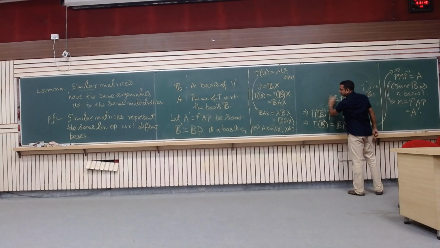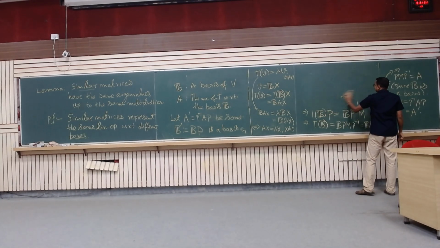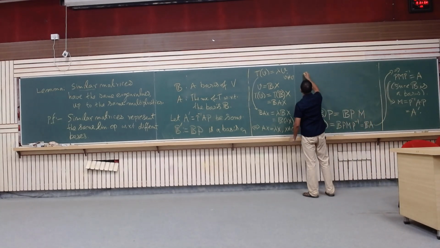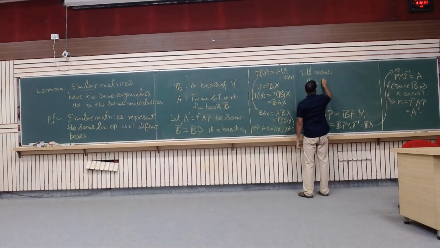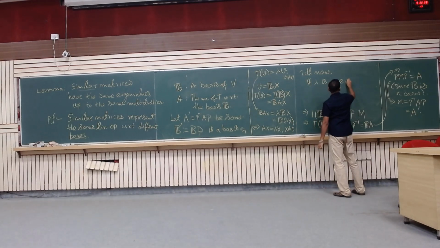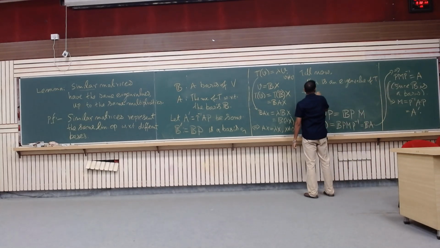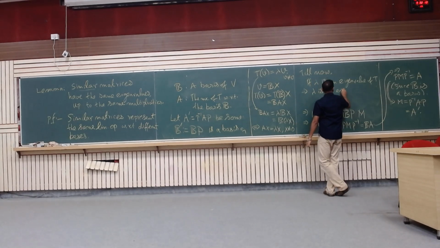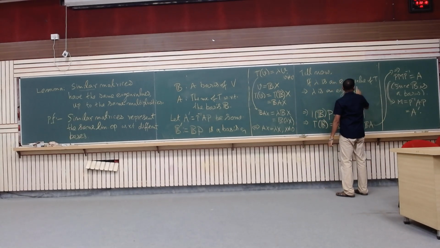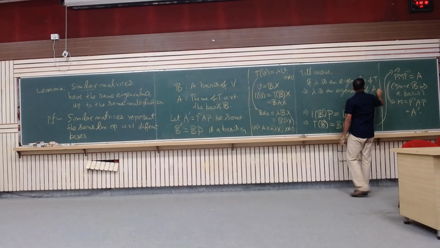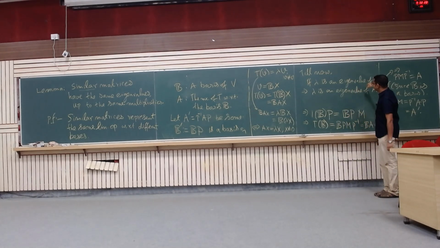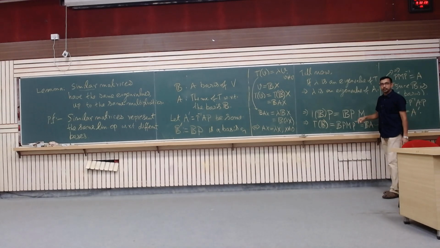So, at least what we have obtained from here is that, till now what we saw is that if lambda is an eigenvalue of T, that implies lambda is an eigenvalue of A. We are just checking whether there is a 1-1 correspondence, whether we can go back.